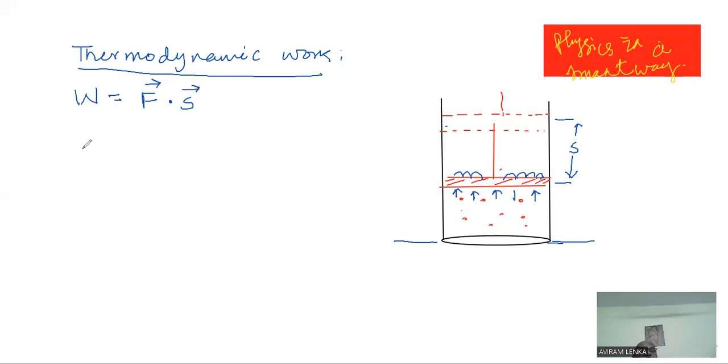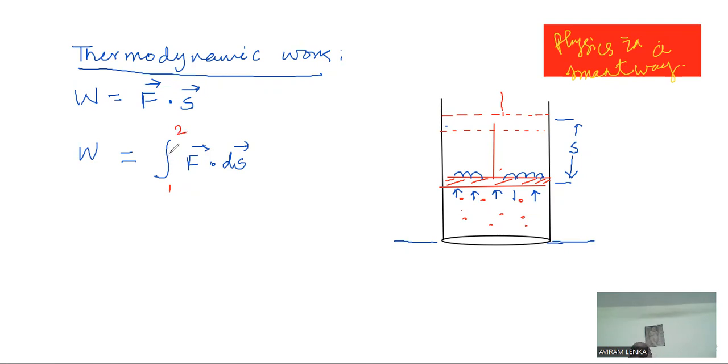The same work also sometimes we put as the integration of F dot ds, starting from 1 to 2, if the initial state is 1 and the final state is 2.